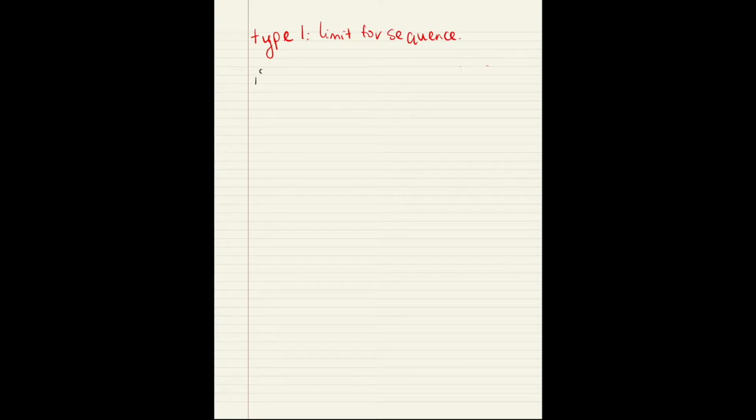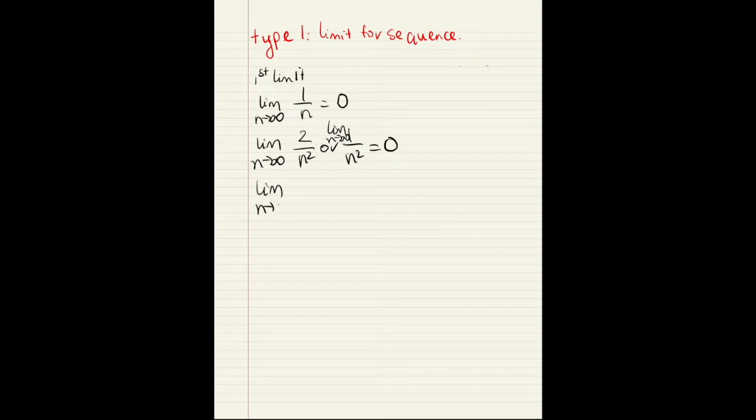First, the rules about limits: the limit as n goes to infinity of 1 over n equals 0; the limit as n goes to infinity of 2 over n squared or 1 over n squared equals 0 too; the limit of 1 over square root n is just 0.